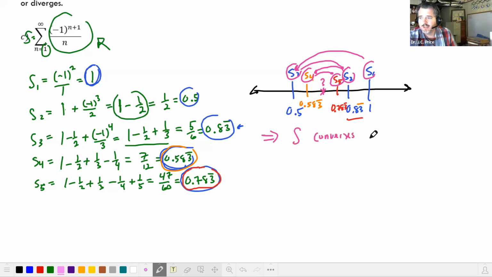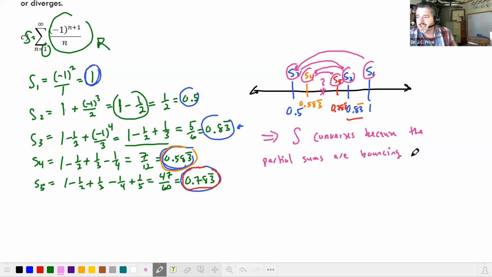converges, and we can give it a little reason because the partial sums are bouncing. This is not a mathematical term, guys. This is just something we're writing. Right? It's an argument, right?